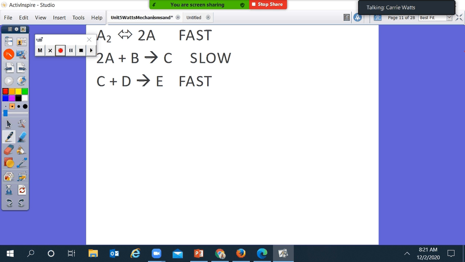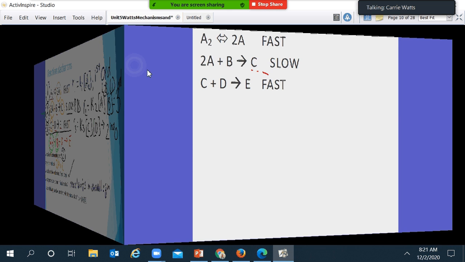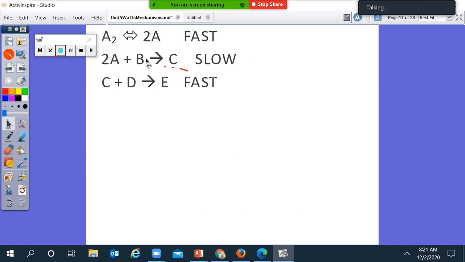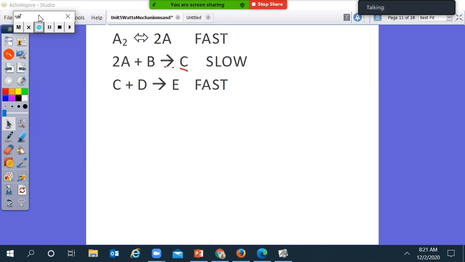So remember, let's write the rate law. For the slow step, we're going to write our rate law.